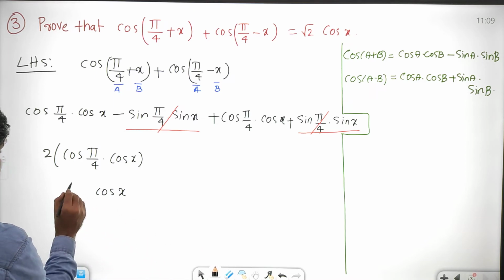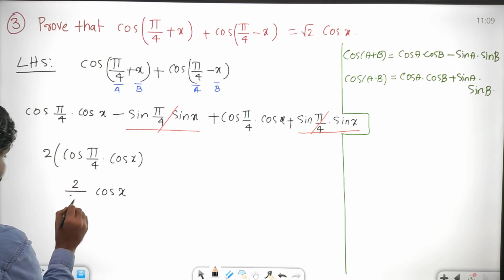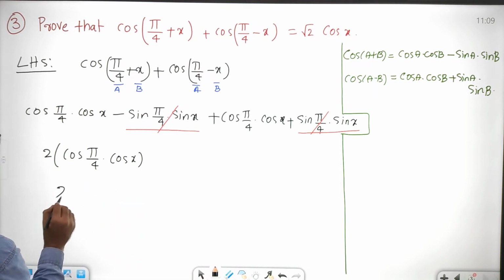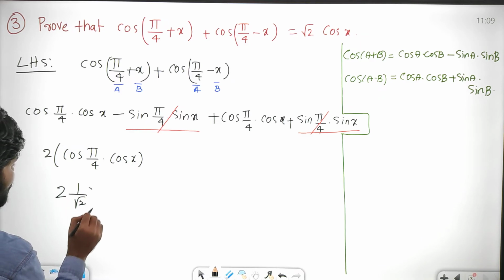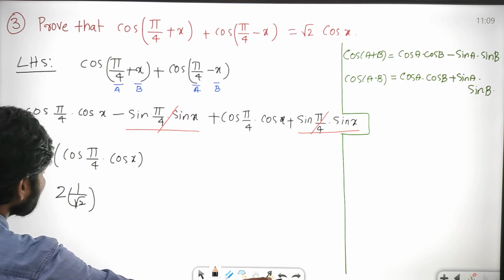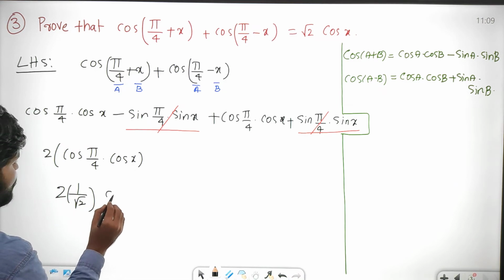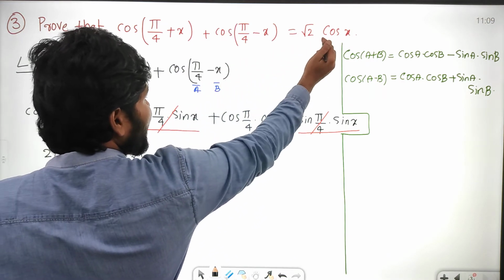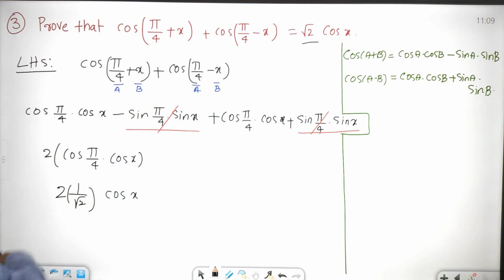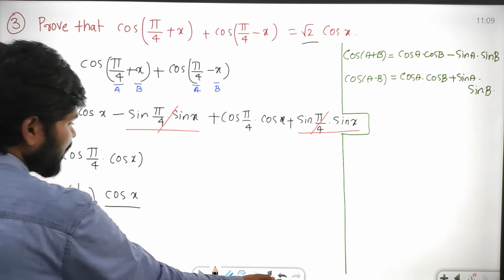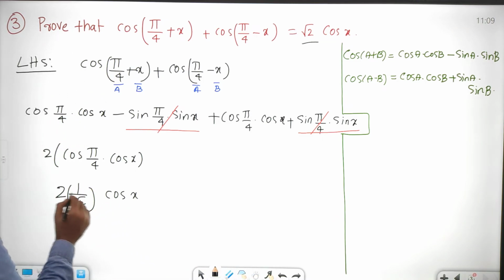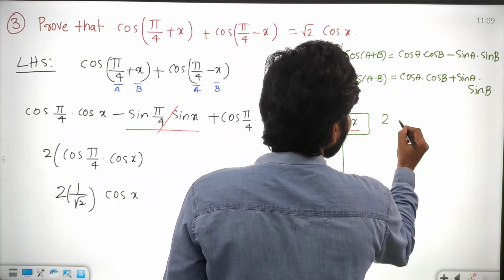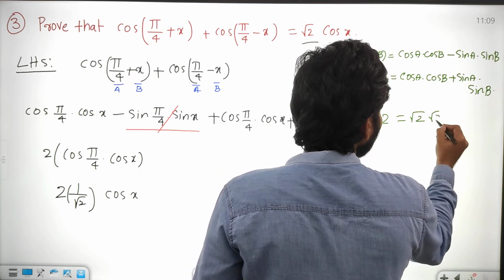2 into 1 by root 2, I wrote it like this, okay, I will make it clear. But see, in the right hand side the answer is in terms of root 2. How do we convert? Cos x is there already. I already explained that 2 can be written as root 2 into root 2.